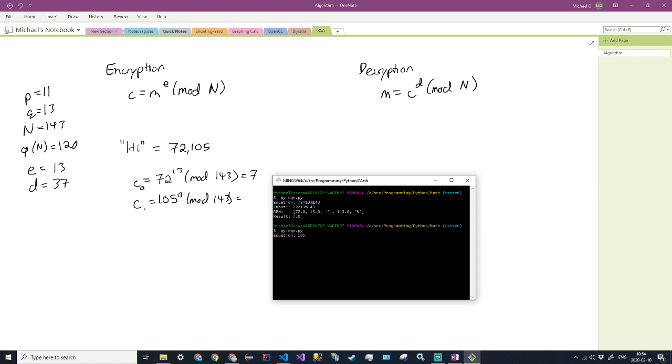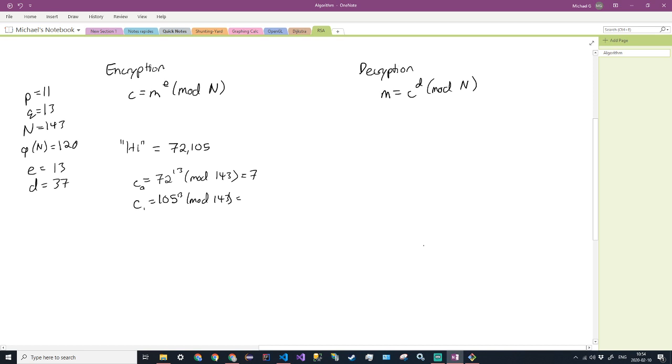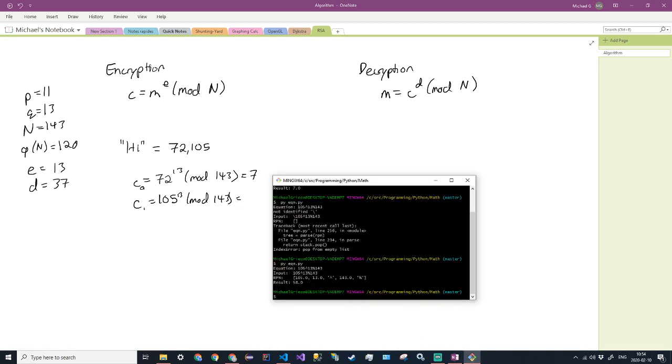So 105 to the 13 modulus 143. I think something's wrong. All right, there we go. I don't know why it wasn't working. It was 58.